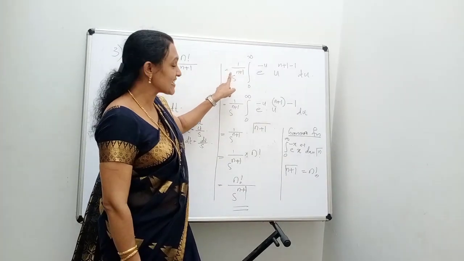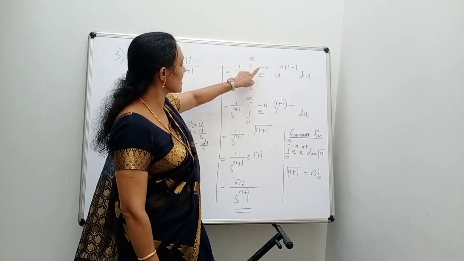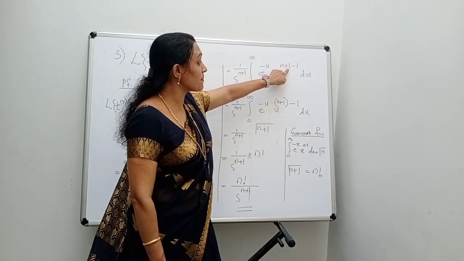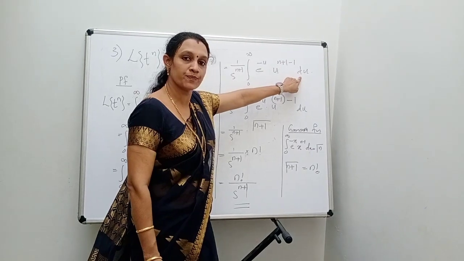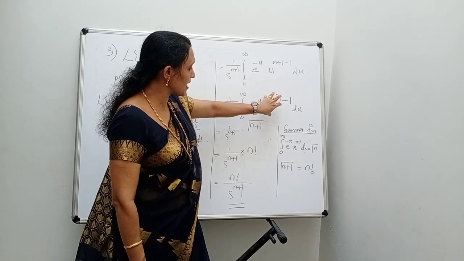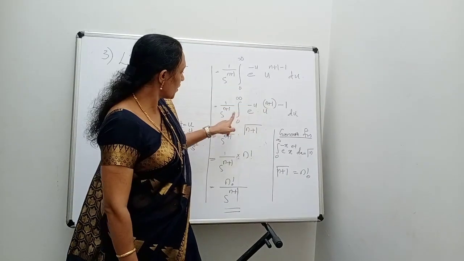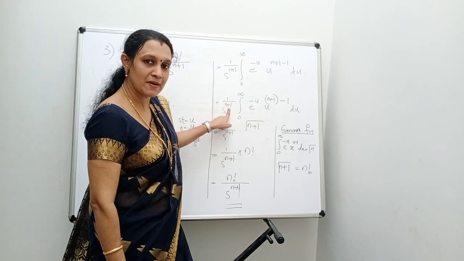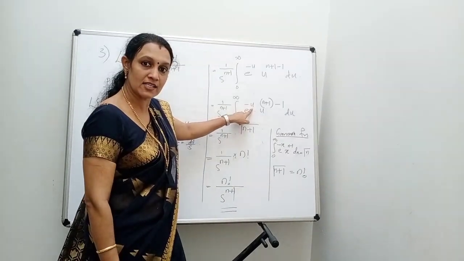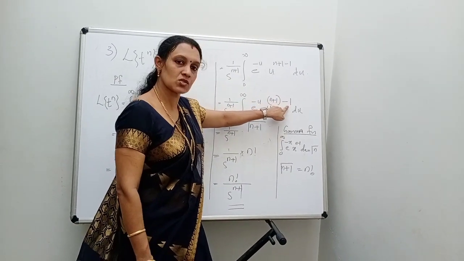So 1 by s raised to n plus 1 into integral 0 to infinity e raised to minus u into u raised to n plus 1 minus 1 du. This n plus 1 I substituted here, n plus 1 I made a bracket here, a simple bracket. So 1 by s raised to n plus 1 into integral 0 to infinity e raised to minus u into u raised to n plus 1 minus 1.